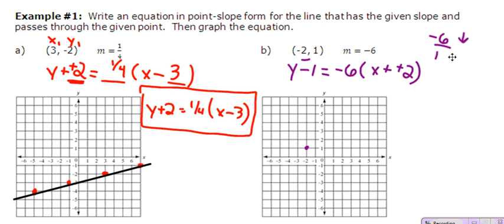The 1 is positive, which means we go to the right. So from here, I'm going down 6. 1, 2, 3, 4, 5, 6, and over 1 to the right. I don't have any more room, so I'm going to go up 6. 1, 2, 3, 4, 5, 6, and over 1 to the left. I'm going to go ahead now and make my line.